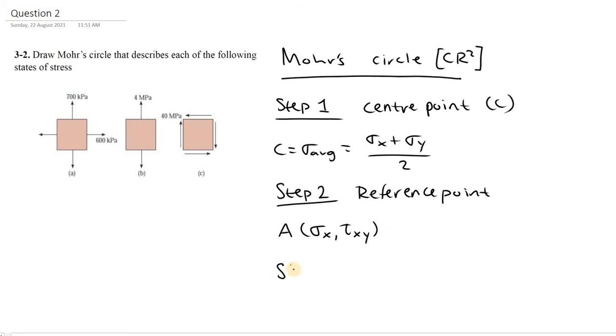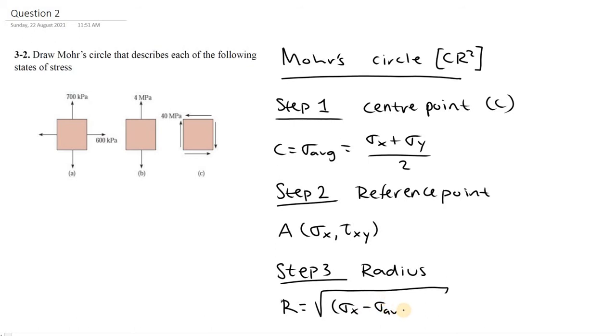And then our last step before we draw Mohr circle, step 3, is the last R, which refers to the radius. Our radius is simply calculated from the square root of our normal stress in X minus our average stress, squared, plus our shear stress.